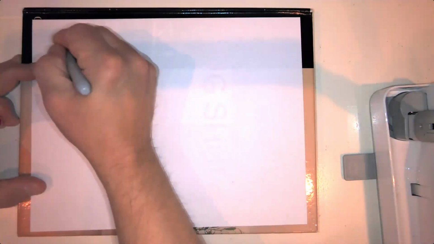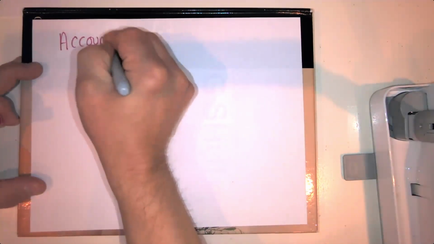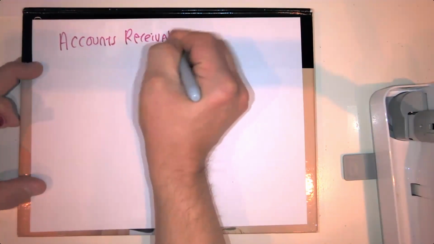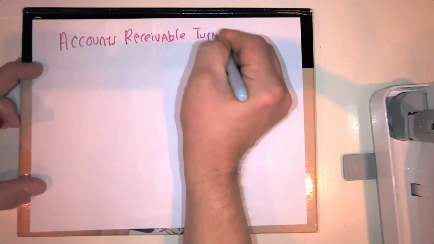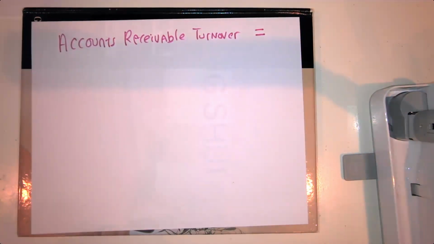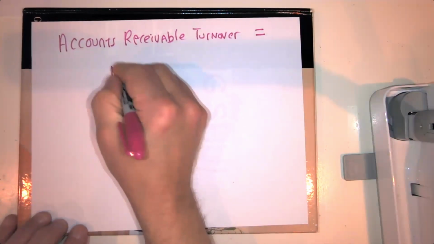is the accounts receivable turnover ratio. To calculate the accounts receivable turnover, let me give you the equation. Your AR turnover is calculated by taking your net sales, the sales that we made during the year.